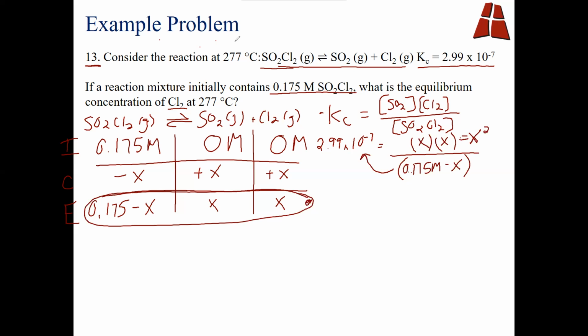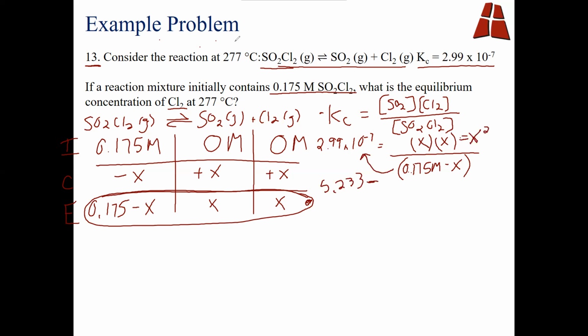And so when I do that, I should get a value of 5.233, which is just our 0.175 molar term multiplied by this Kc value. I'm going to subtract because we have minus x there.